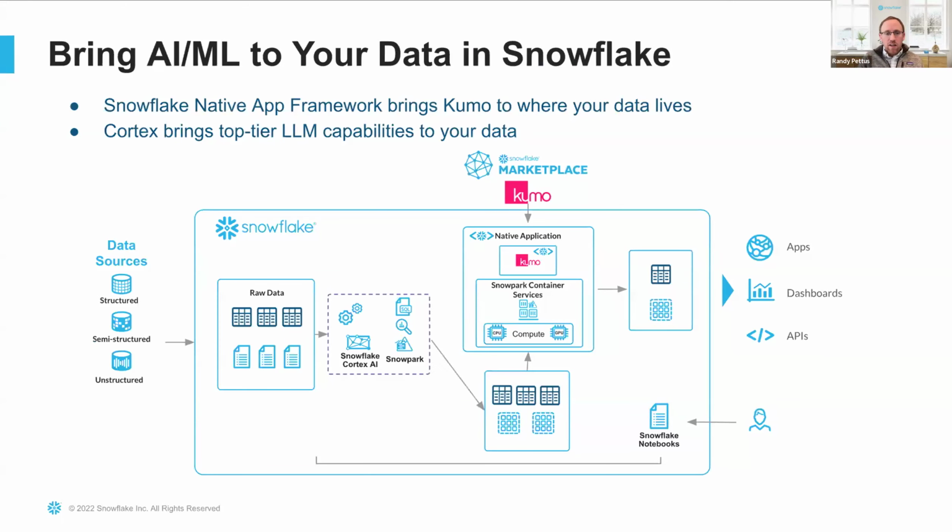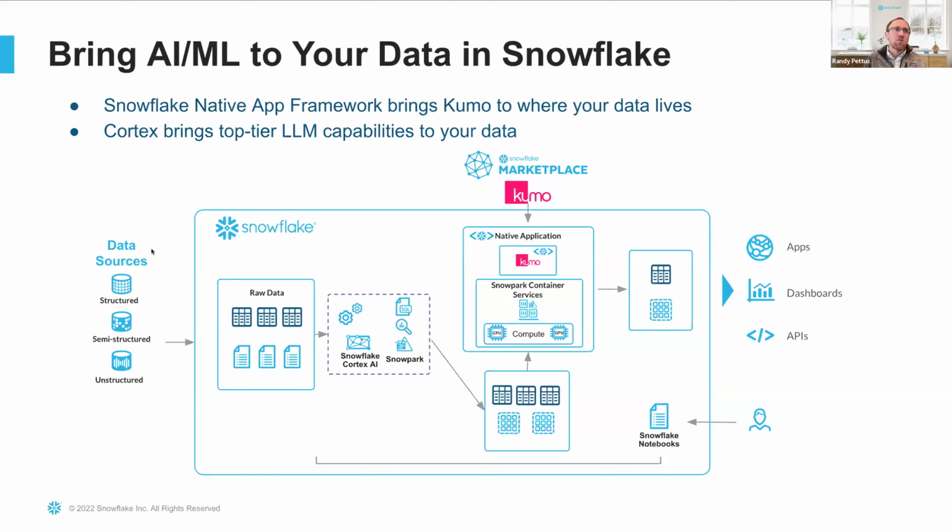So let's see what that looks like. This is just a big picture architecture of what it looks like to bring in Kumo to really interact with your data all within that Snowflake boundary. So you can see here, if we're getting Kumo from the Snowflake marketplace, that's going to then sit in our Snowflake boundary, where then it has access, again, with all the RBAC principles that we have in place to provide the right privileges to that data.